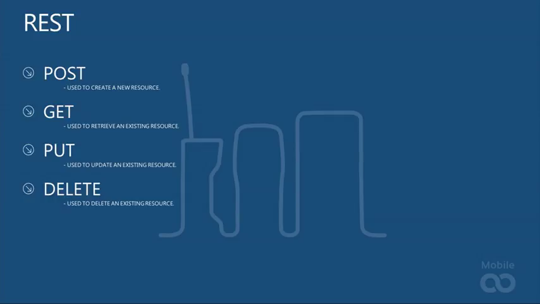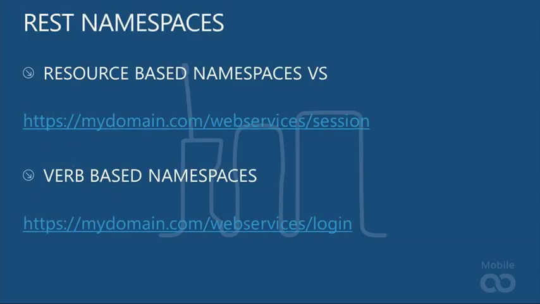If you start seeing yourself doing verb-based definitions in your namespaces outside the scope of the HTTP layer, chances are you're going to end up in trouble at some point. And we've seen that with the stuff we're doing.